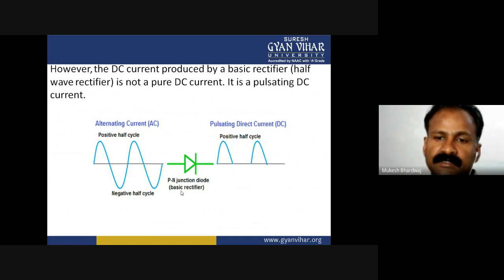This is called pulsating direct current or pulsating DC. This will not serve our purpose because the fluctuation, or the ripple factor, is very high in this case. So we need to get a smooth, constant direct current instead of pulsating direct current.